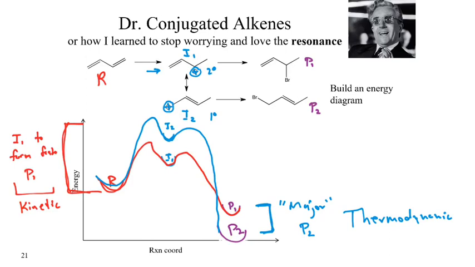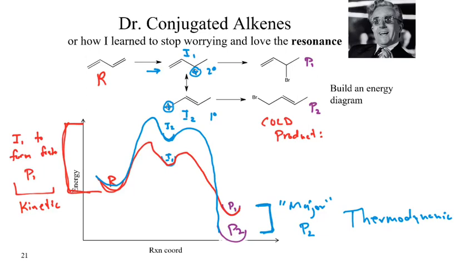Let's say we run this reaction freezing cold. What happens if we run the reaction freezing cold? Which product would I expect to form first? Okay, so it's freezing cold. Which product would I expect?